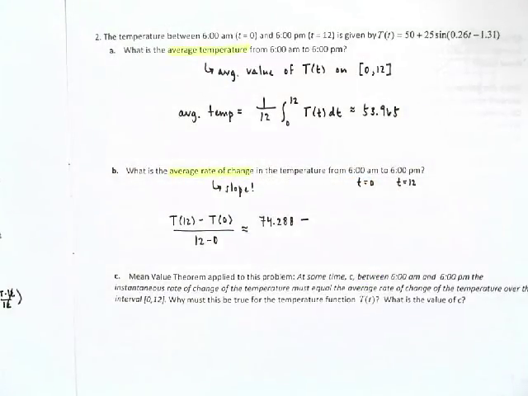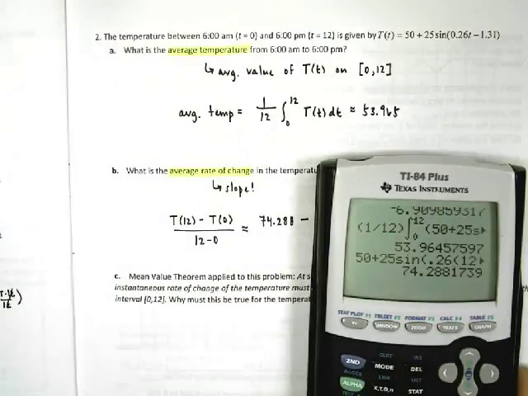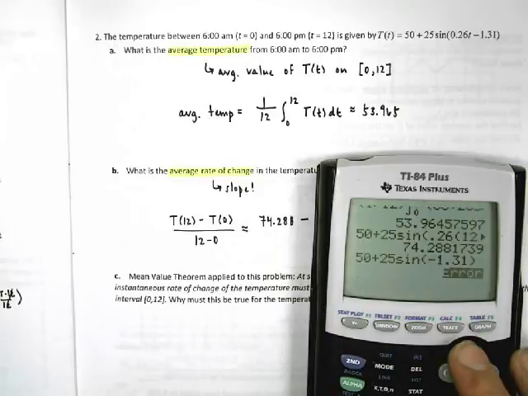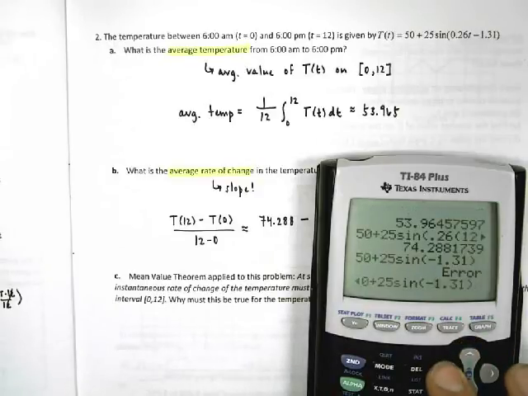And then minus, let's see here. We have 50 plus 25 times the sine of 0.26 times 0 is just going to be 0, so it's going to be a negative 1.31. Oh, what did I do here? Oh, I used my minus instead of my negative. Sorry about that.